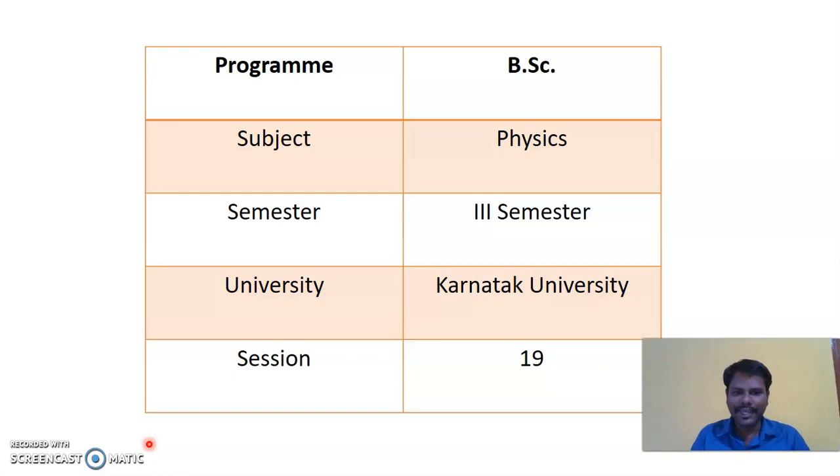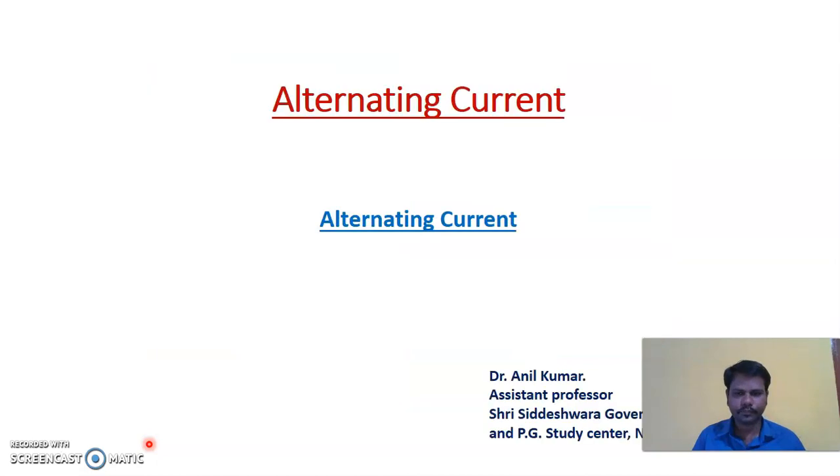Earlier, in the last two units, we have learned about dielectrics and transient currents. In the third unit, we will learn about alternating currents.